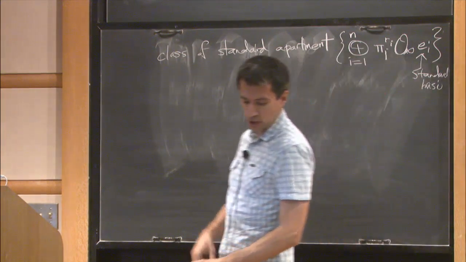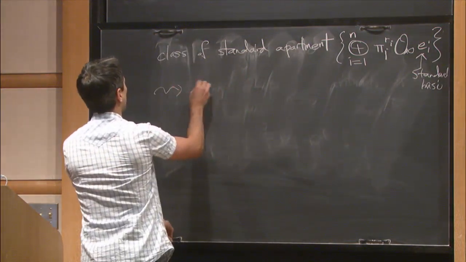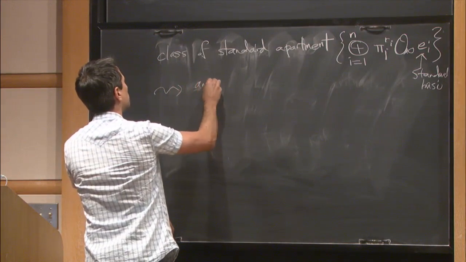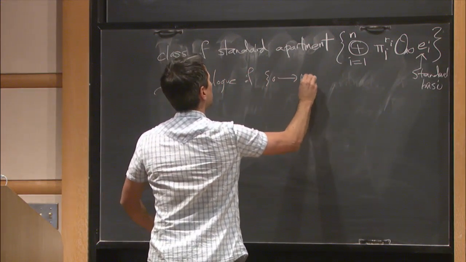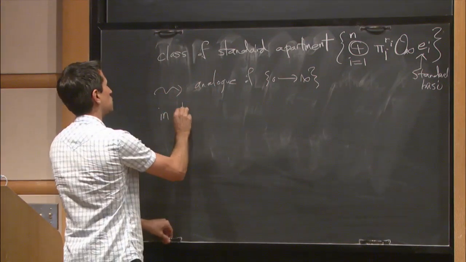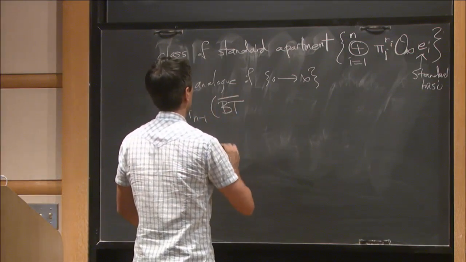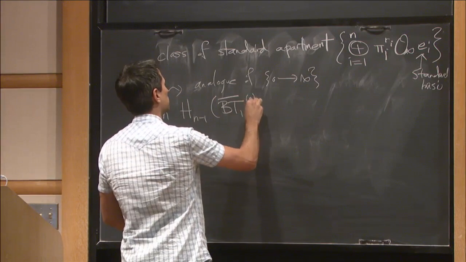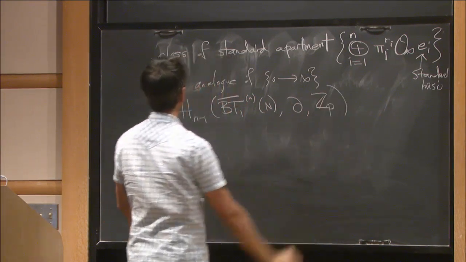And then what you can do is translate this thing. So this gives you the standard modular symbol, the analog of 0 to infinity, and it's going to be in H_{n-1} of the boundary, Z_p.